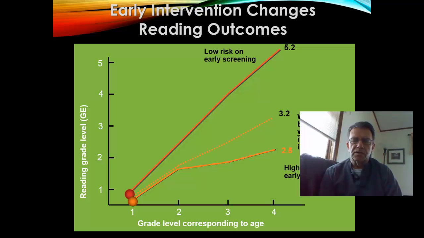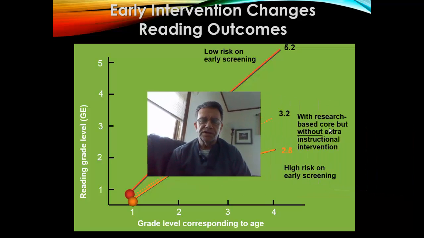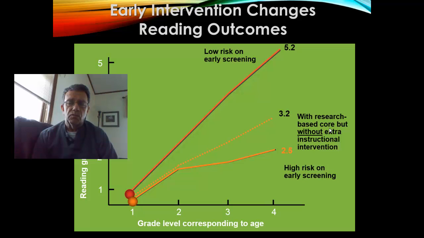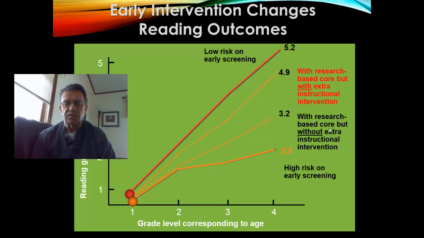So this next line is what these at-risk kids did with research-based core, but without any extra instructional intervention. So even that is over a half year better than the kids that got nothing. And this is the graph that really impresses me from this research study, is that with research-based core and extra instructional intervention, these kids are at 4 years, 9 months, and almost caught up to the kids that were low risk in screening.